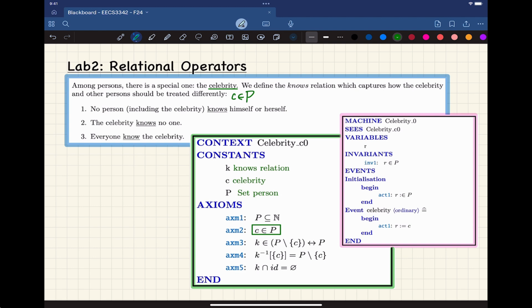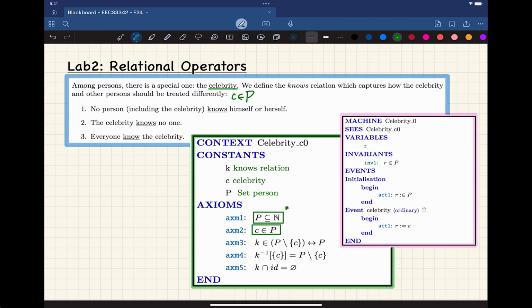And so here, when you say the set of persons is simply N, we are saying that all the persons are unique, and we can say they are simply a subset of the natural numbers. Can be 0, 1, 2, 3, 4. Think about those as the unique IDs for each person.